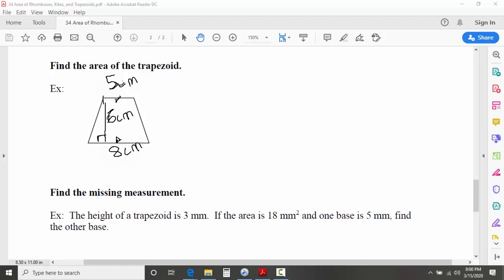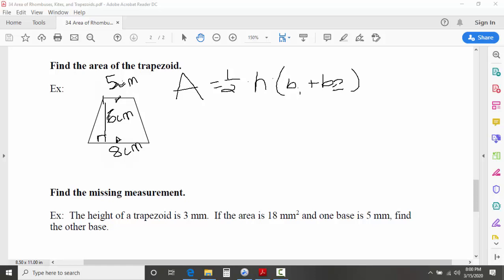Okay, 6 centimeters. First thing we want to do is take our equation. Can't get that 2 drawn in there.